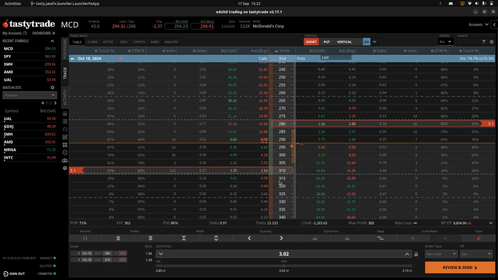If we go one strike further out and buy the 315, what this has now done is limited our loss. So we can only lose money between 310 and 315. And then above 315, we're covered. It counteracts each other. We're going to do the same thing on the put side: go one strike down, again same $5 wide, and buy the 275.